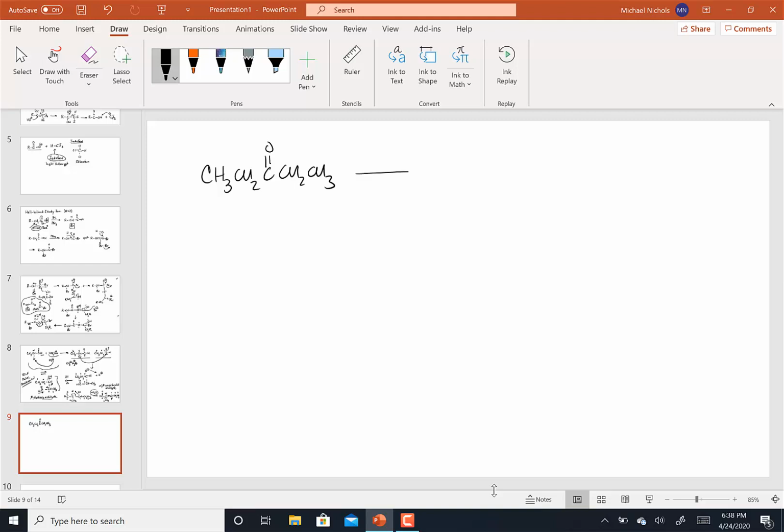If I react this with a combination of base and alcohol, I'm going to form an RO minus. That RO minus is going to come in, and in this case it doesn't matter which alpha hydrogen I react, it's going to deprotonate it, so I'm going to end up forming this enolate.